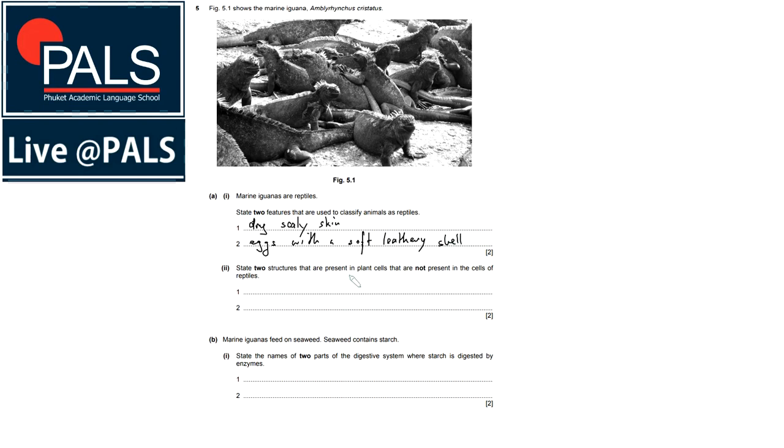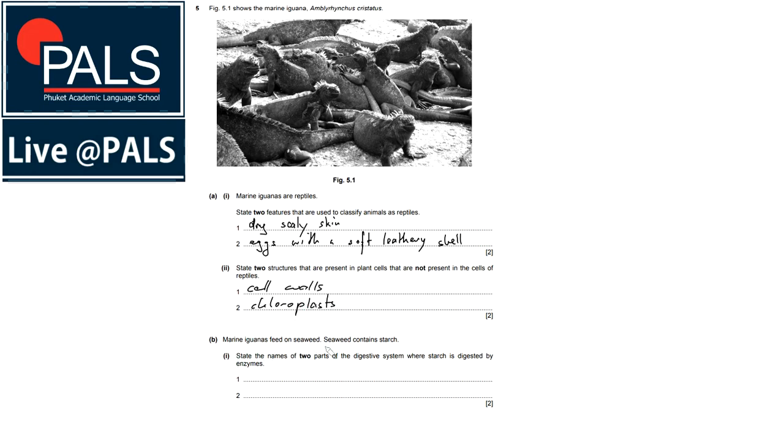Two structures that are present in plant cells that are not present in the cells of reptiles. Okay, that should be straightforward. Plant cells have cell walls, and they have chloroplasts, or a large permanent vacuole.